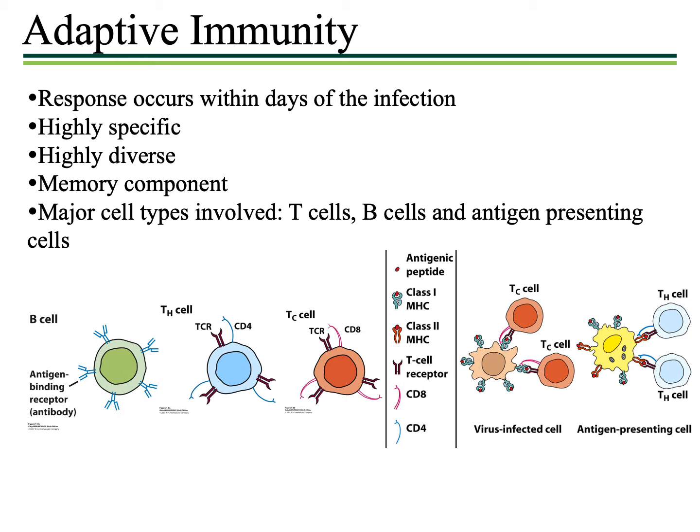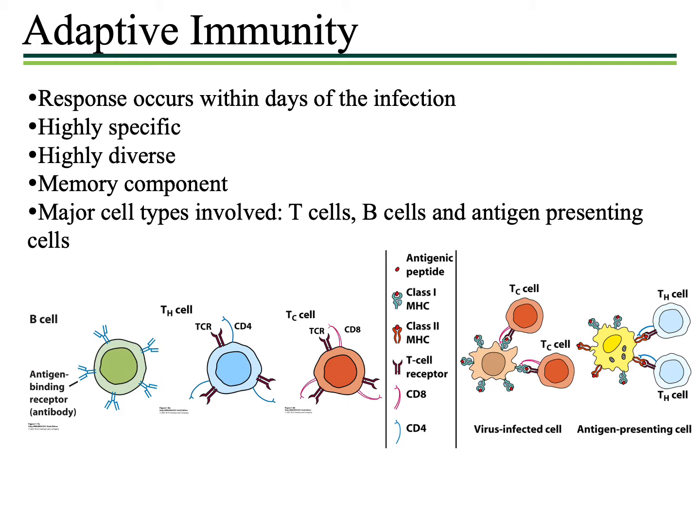We also know that the adaptive immune response has a memory component, which allows for a memory of interaction with a pathogen, so that when subsequent infections occur with that exact same pathogen, an immune response can be kicked into high gear almost immediately.